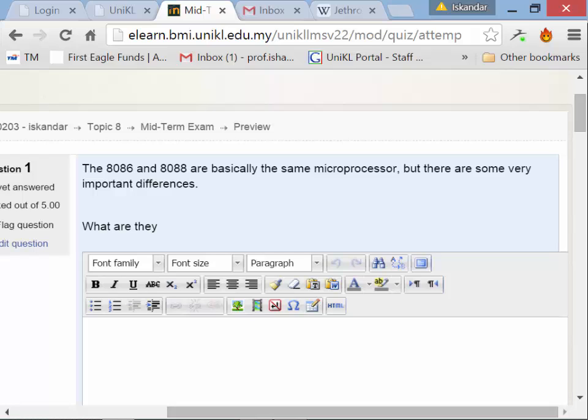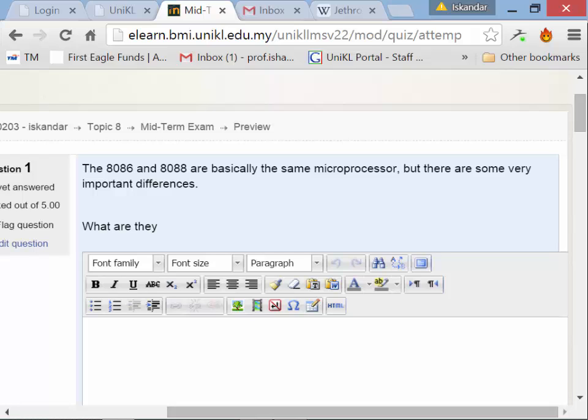The 8088 microprocessor is a 16-bit microprocessor internally, but externally it only has 8 bits. So it takes twice as long for memory accesses and things like that. So the 8088 is a slower microprocessor because it only has 8 external data bits.